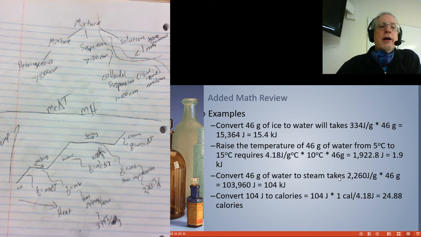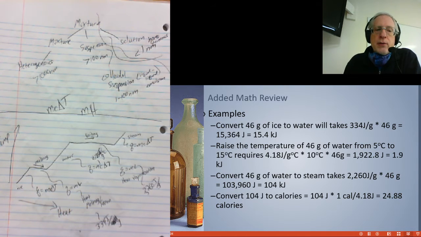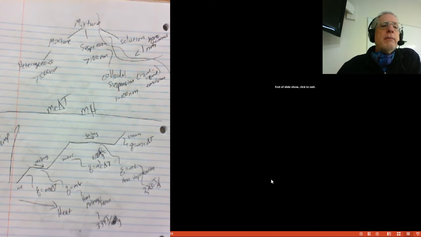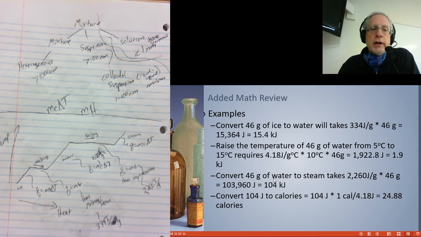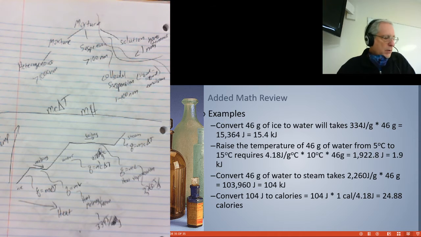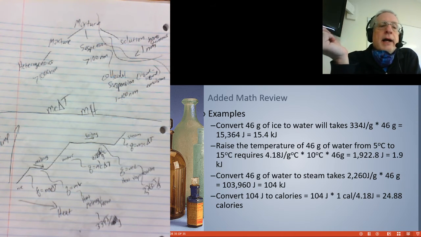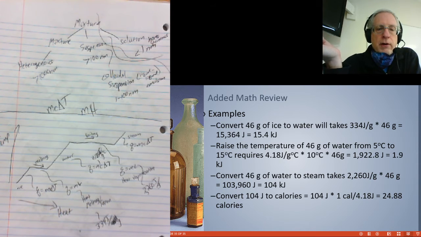So what if I asked a question? What if I wanted to convert 46 grams of ice to water? Let's say that ice is already at 0 degrees, so all I want to do is convert it to water. Well, I have 46 grams and the heat of fusion of water is 334 joules per gram.